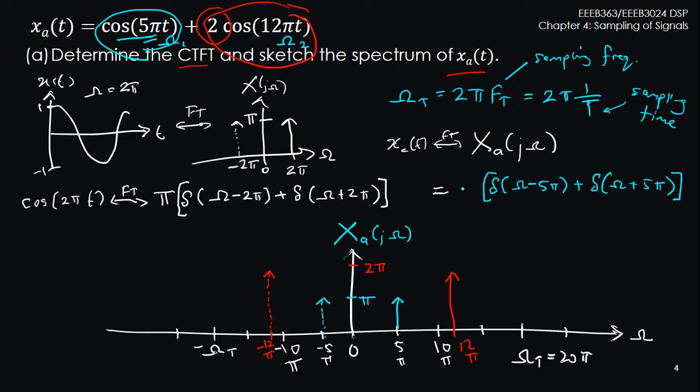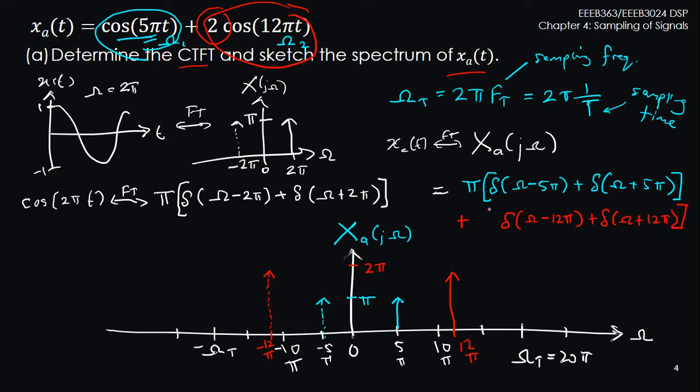Magnitude is pi. But we also have to add, since our signal has two sinusoidal components, the spectrum is also a combination of both. So here we have to write down delta omega minus 12 pi plus delta omega plus 12 pi for its pair.